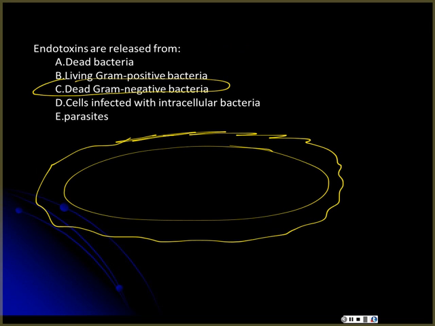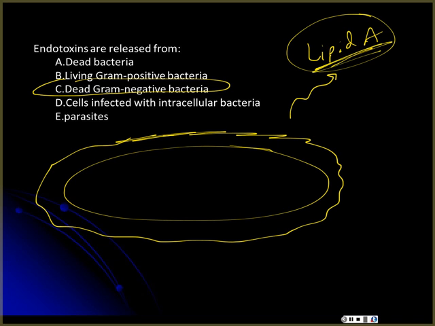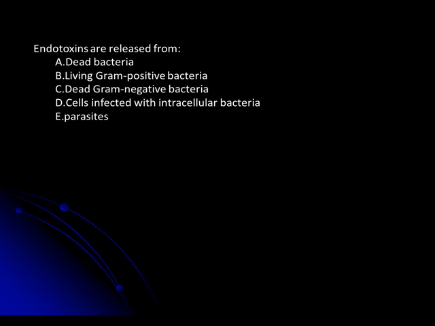But when this cell dies and gets digested, broken apart by your phagocytes, that's when that lipid A, that's your endotoxin, gets released and your immune system goes bonkers when it sees those molecules. We don't make these. That's a bacterial lipid and not one of our lipids.